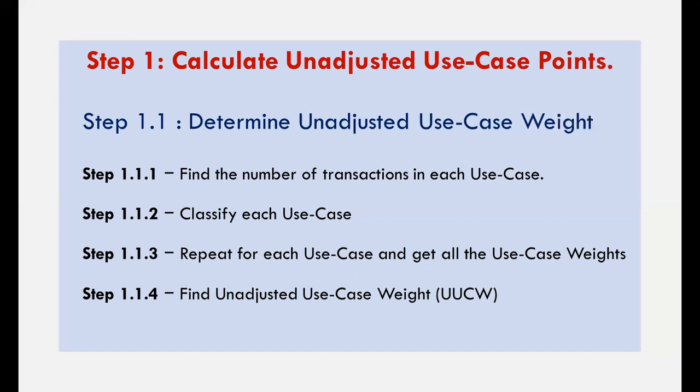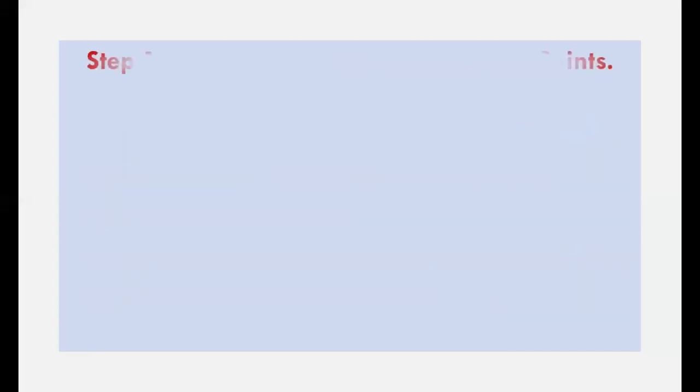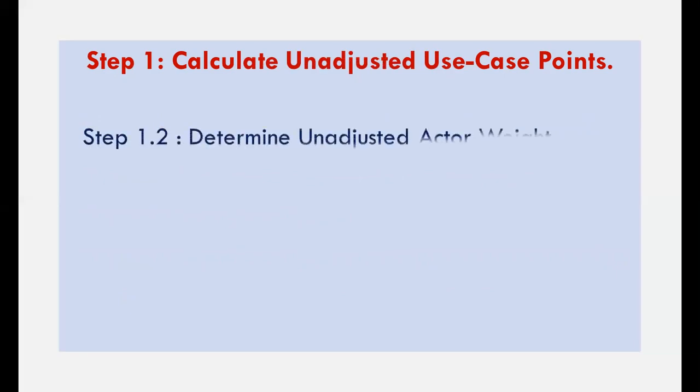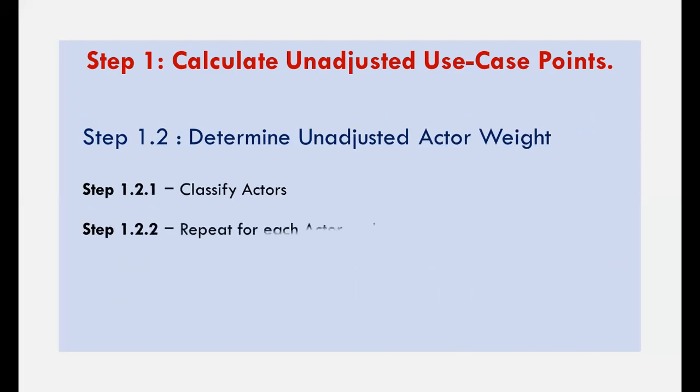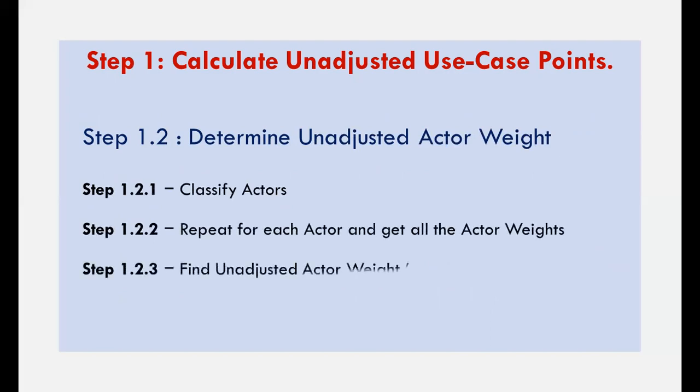in step 1.2, we need to determine the unadjusted actor weights. Here an actor is a user of the use case, which might be a person, another program, etc. Some actors, such as a system with a defined API, have very simple needs and increase the complexity of the use case only slightly.